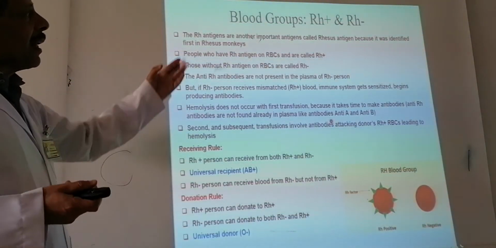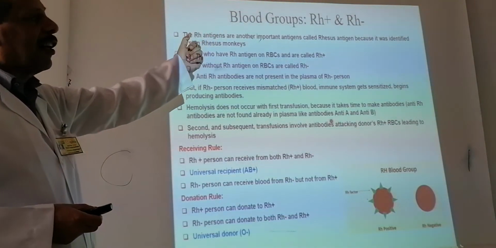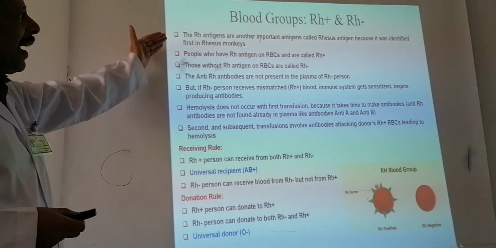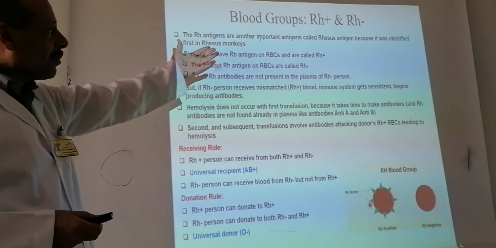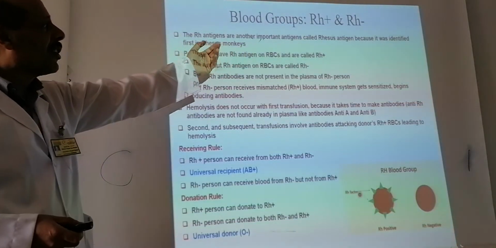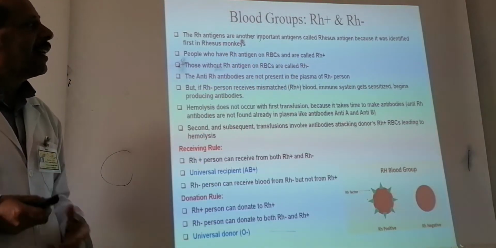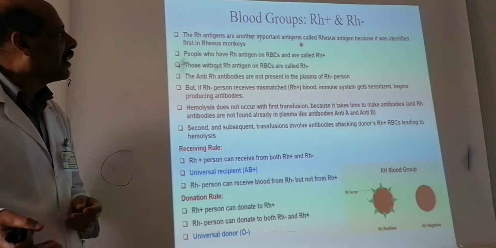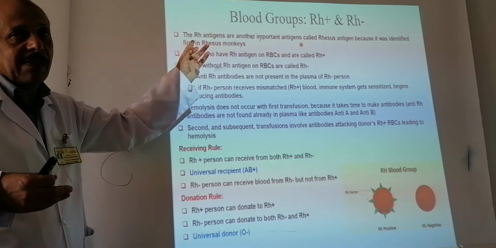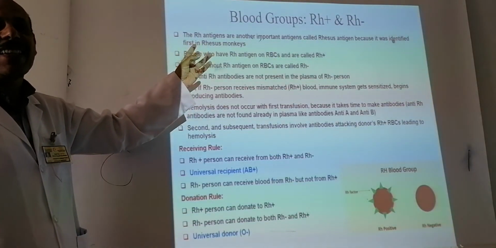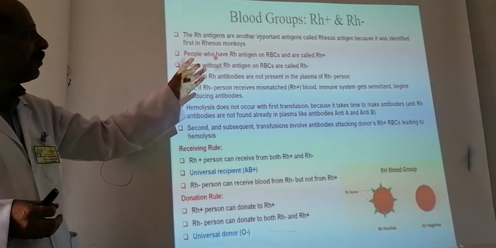Then we said that there is the blood group RH, either negative or positive. The RH antigen is another important antigen, called the rhesus antigen because it was first identified in rhesus monkeys, a type of monkey that has the same antigen.